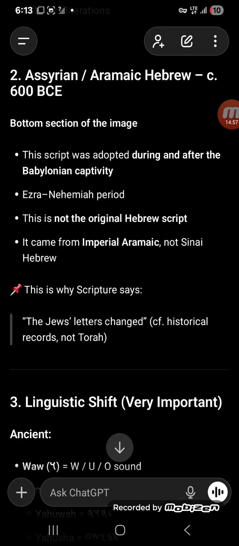It comes from Imperial Aramaic, not Sinai Hebrew. So the square script as shown is not the original script. It says this is why scriptures say the Jews' letter changed. Historical records, not Torah. Linguistic shift, very important: ancient Hebrew W, wow, is now shifted to what? U and O sound.